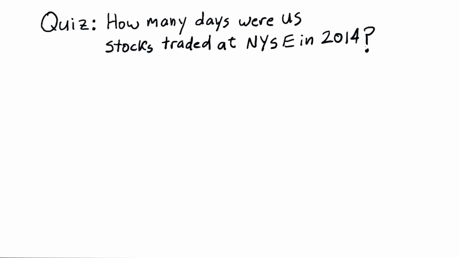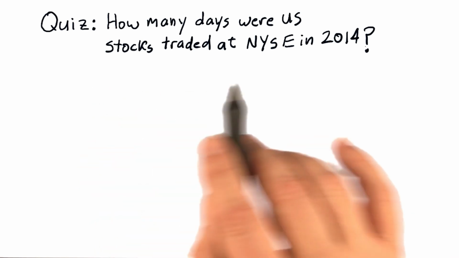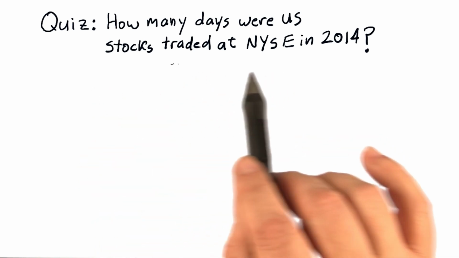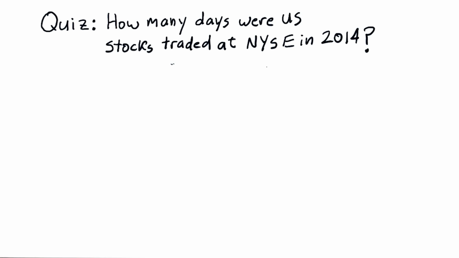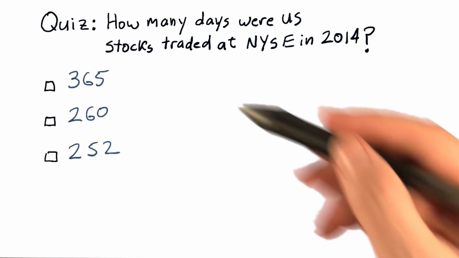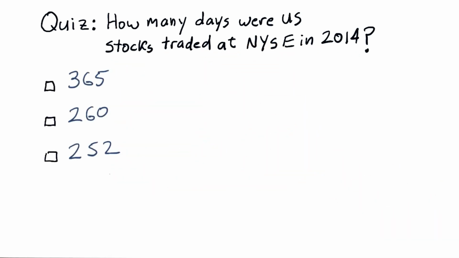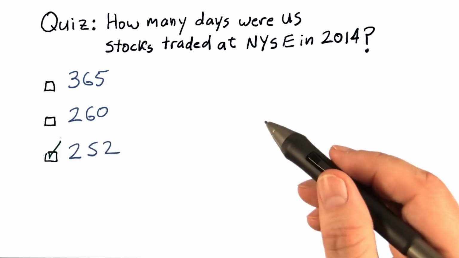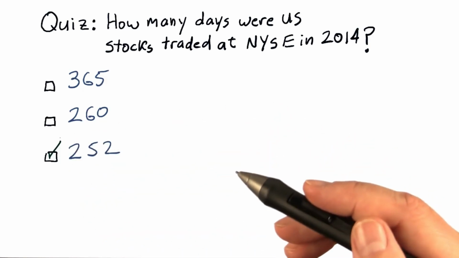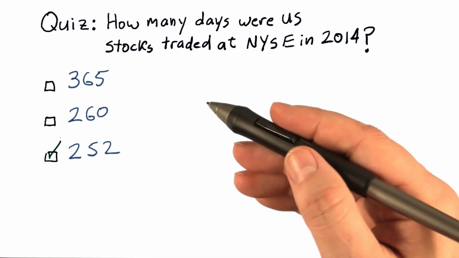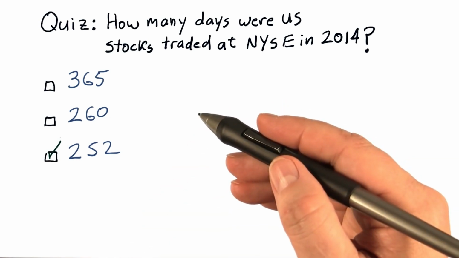Here's a quiz and something important to think about. How many days were U.S. stocks traded at the New York Stock Exchange in 2014? Here are 3 possible answers. The correct answer is 252. The reason is you need to factor in weekends and holidays.